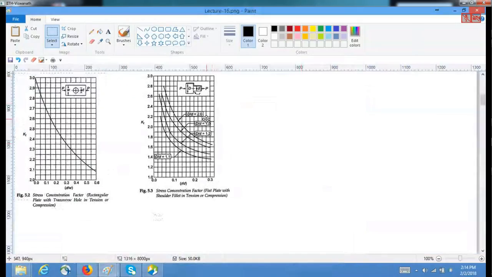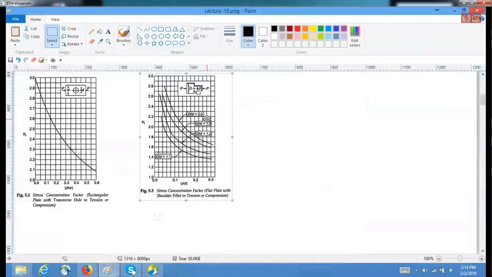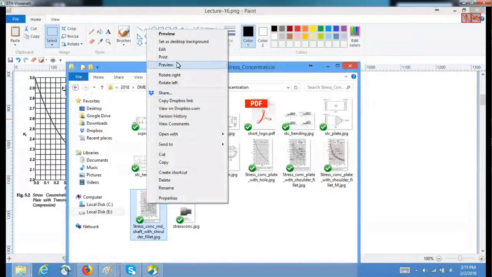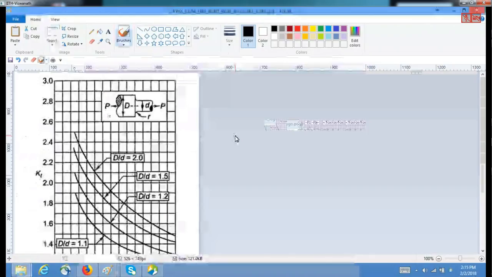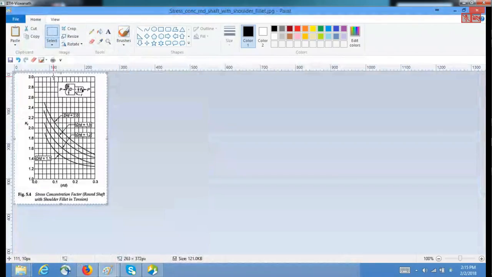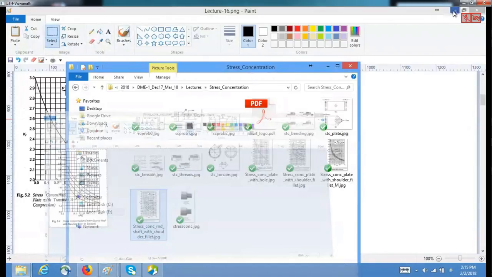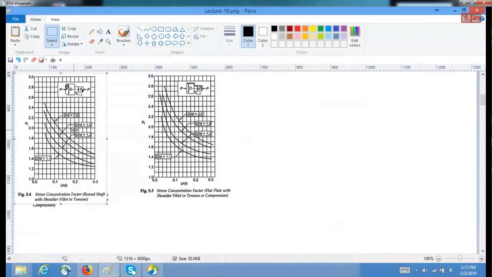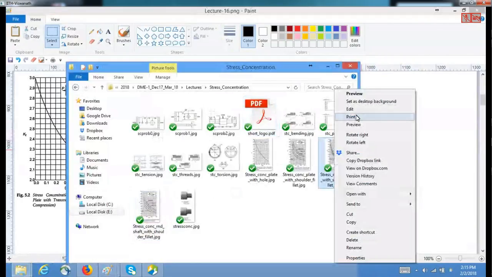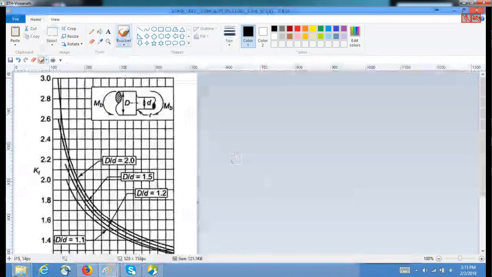This is the third case, a circular shaft with a shoulder subjected to axial tension, and finally the same configuration subjected to bending.